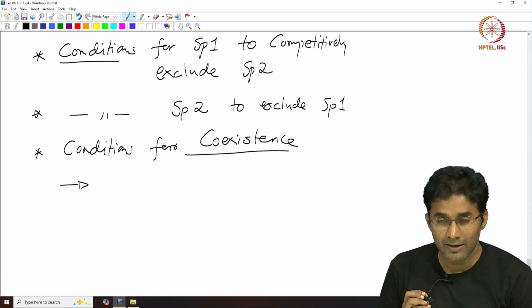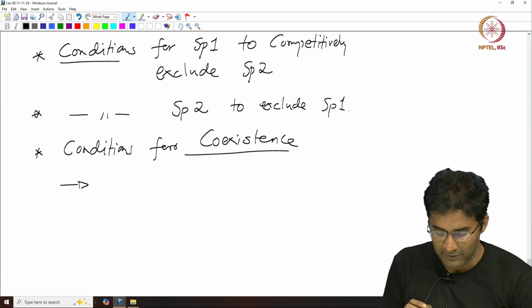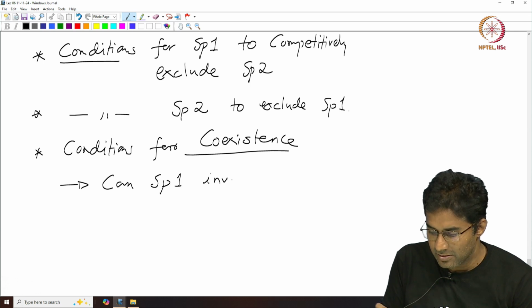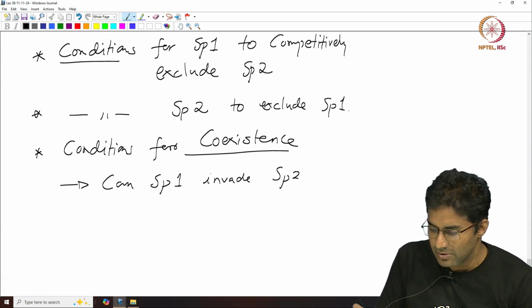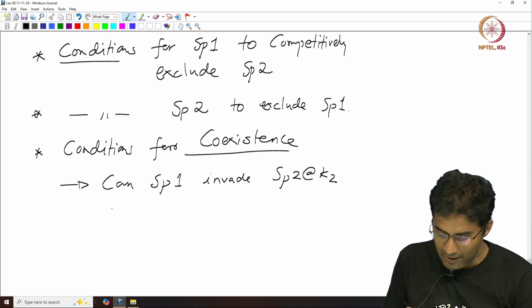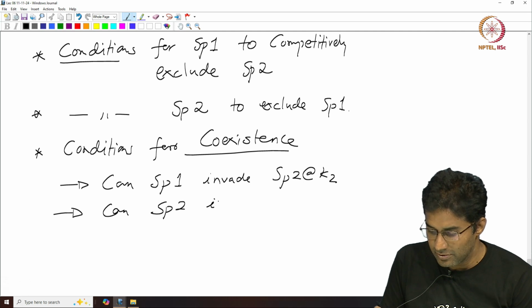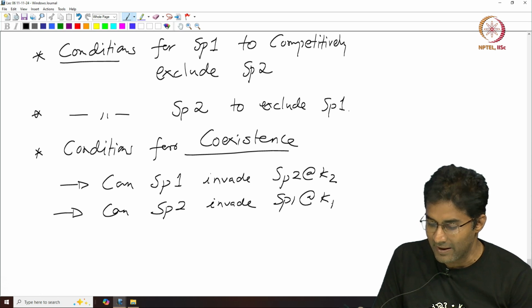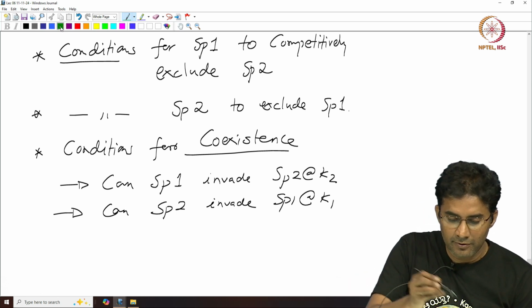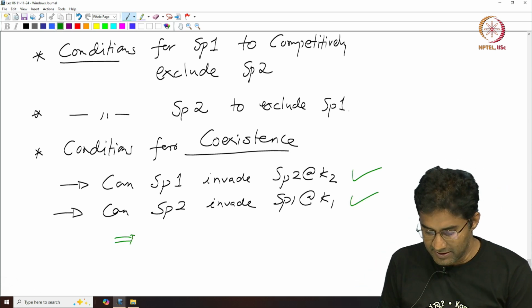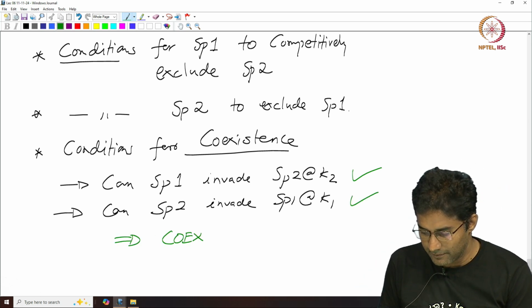Start with the worst possible scenario for species 1 and ask, can species 1 invade species 2 at its carrying capacity, and also ask in addition, can species 2 invade species 1 at its carrying capacity? If the answer to both of them is in the affirmative, that means we will have coexistence.